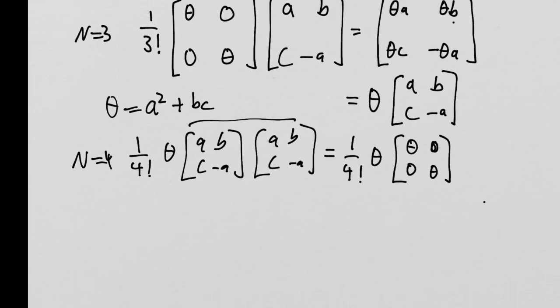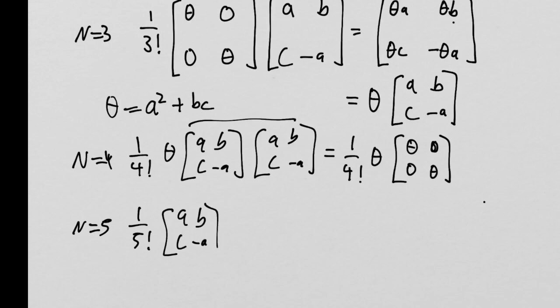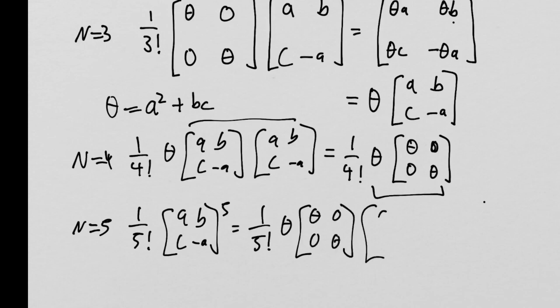And likewise for n equals 5, I'll get 1 over 5 factorial times the matrix a, b, c, minus a to the 5th, but that's going to be 1 over 5 factorial times the 4th power, which is this, times theta, theta, 0, 0, theta, times, one more time, the matrix a, b, c, minus a.